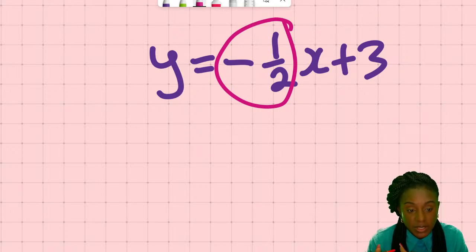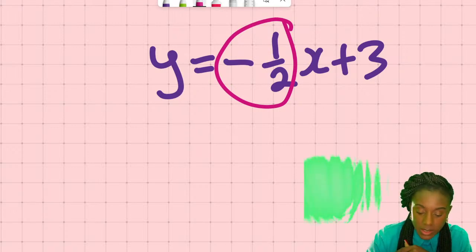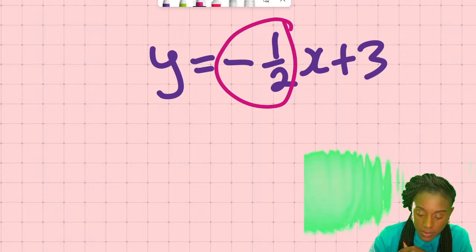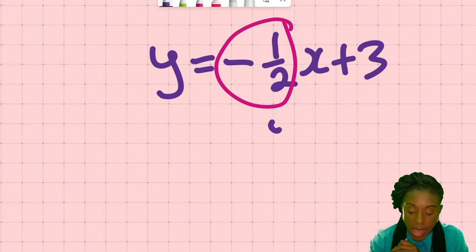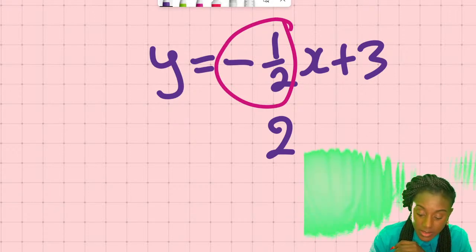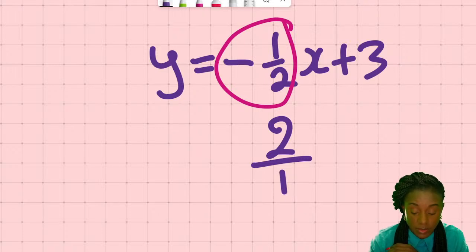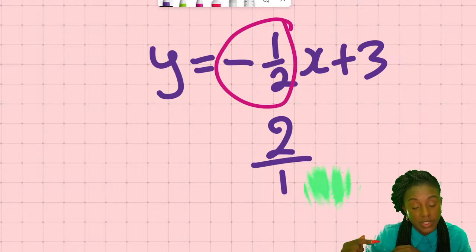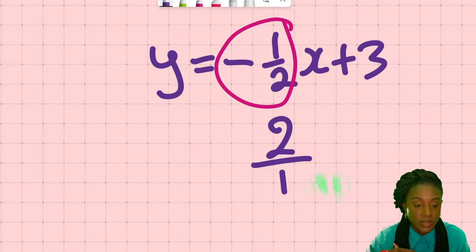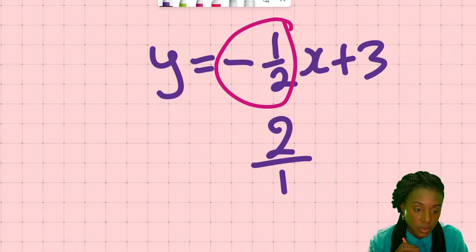I am simply telling you to make the denominator, which in this case is 2, the numerator, and you make the numerator the denominator, and you change the sign. As you can see, the gradient here is negative. So the gradient of the line which is perpendicular to that line will be positive. Positive what? Positive the inverse of what is given to you. So the answer was positive 2 because 2 divided by 1 is 2.